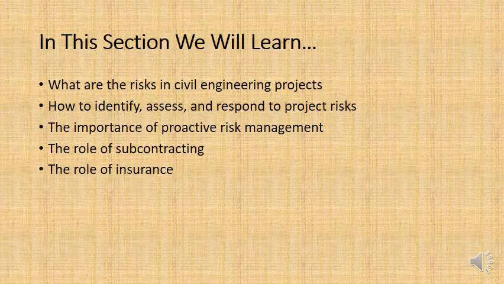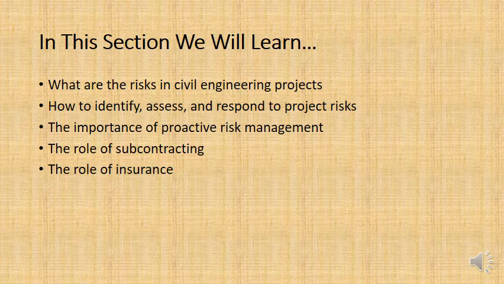So in this section on risk management, we're going to be talking about what are some of the typical risks that are faced in civil engineering projects. We're also going to be talking about how do you identify risks, how do you assess them, and then how do you respond to project management risks. So basically, how do we manage them?